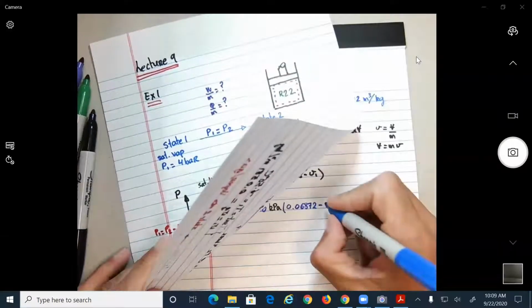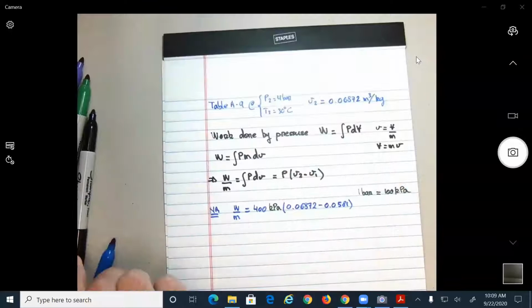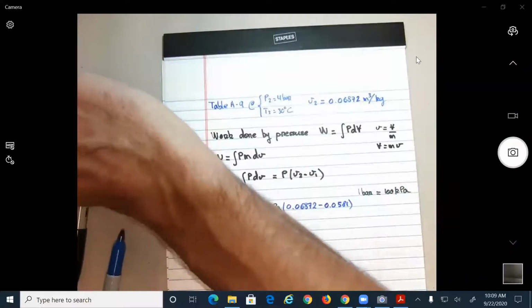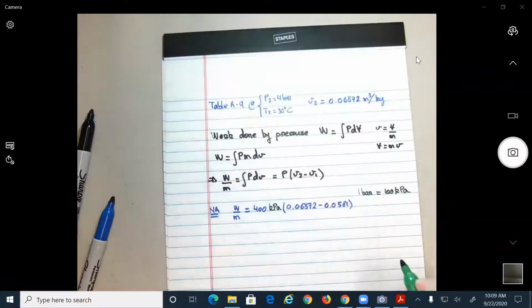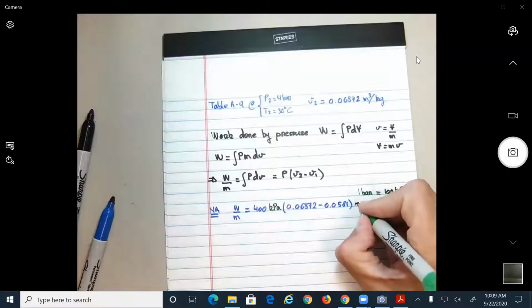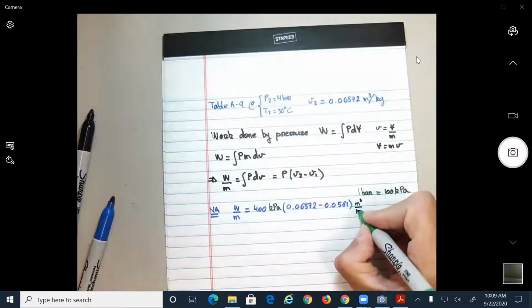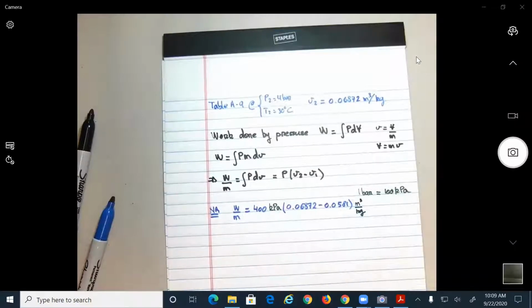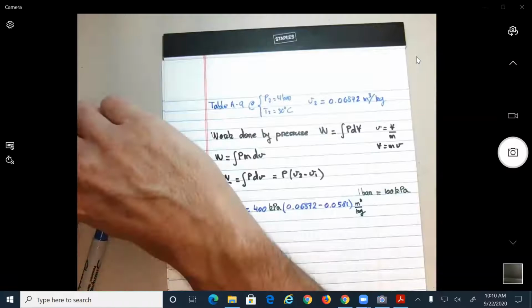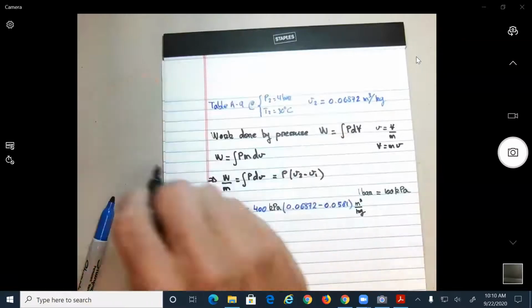All right, and this should be cubic meters per kilogram. All right. So please go and check the calculations, but for once I have the result with me.